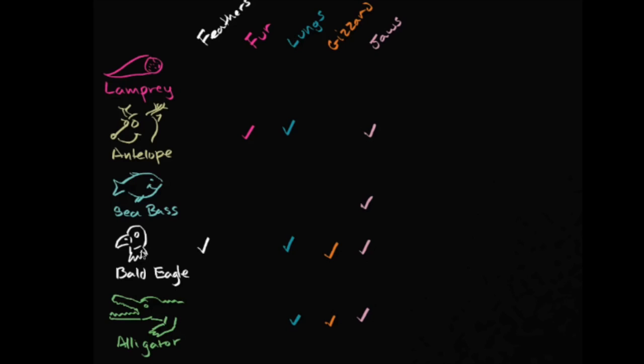And we can see that there are also 5 features. In this simple example, just for easy understanding, we use features that everybody knows, like feathers, fur, lungs, gizzard, and jaws.